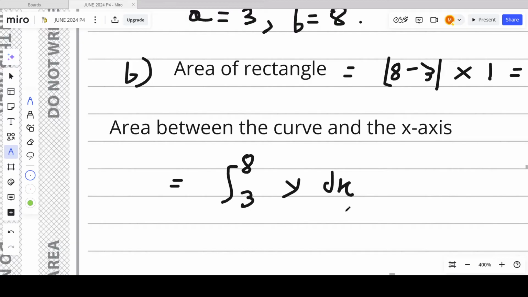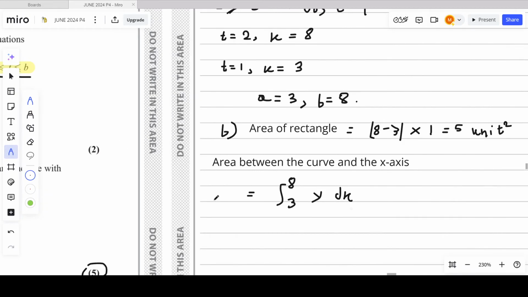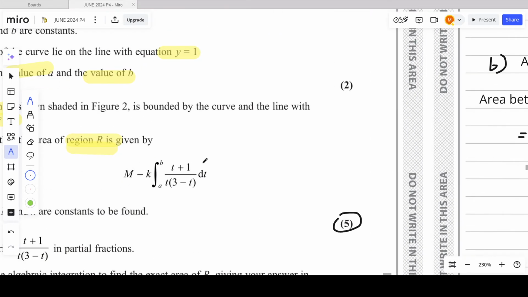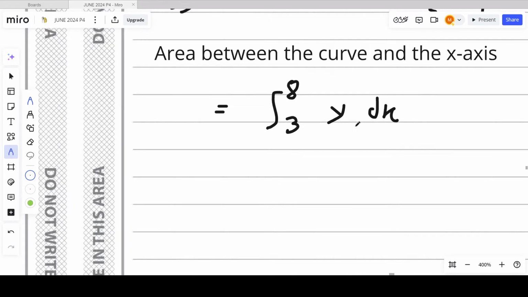Now we need to make a substitution. This is integration by substitution. You can see that the terms in the integral are all in terms of t. So we have to convert all of the y and x's here to be in terms of t.